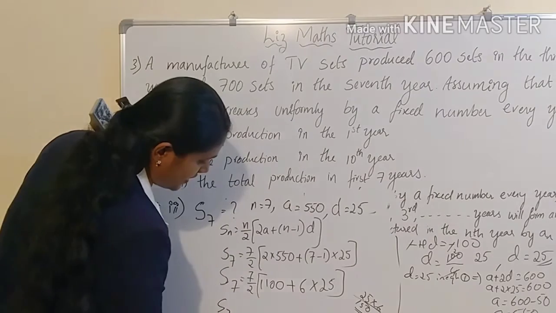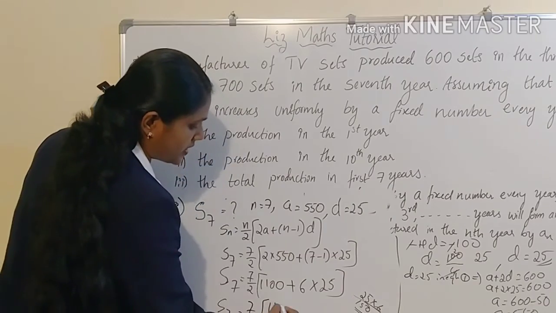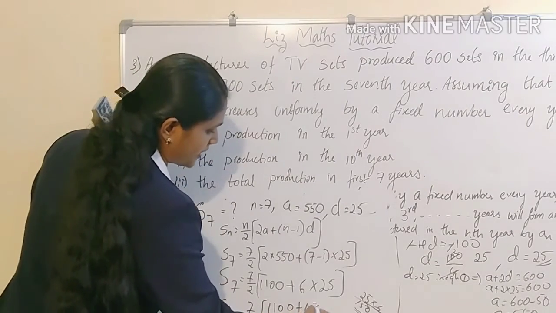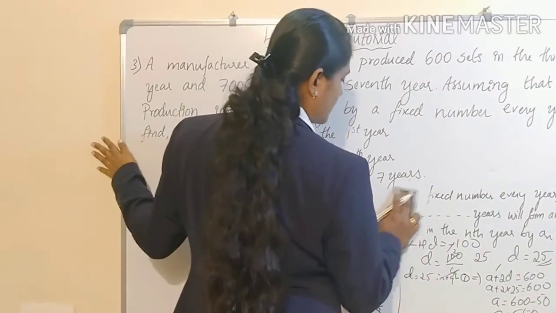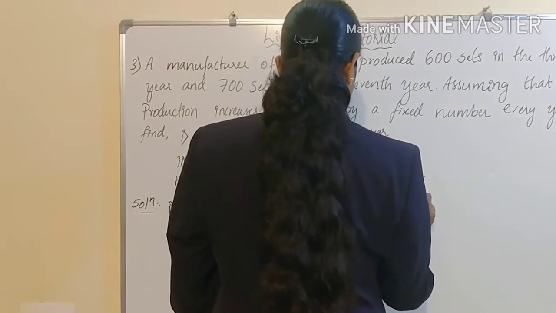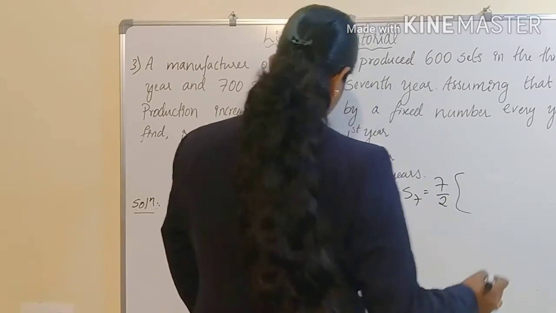So here S7 is equal to 7 divided by 2 into 1100 plus 150, isn't it?